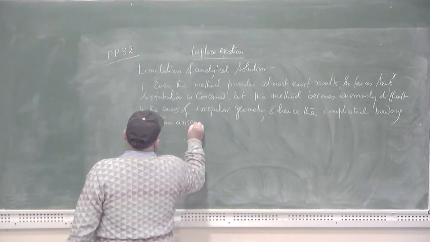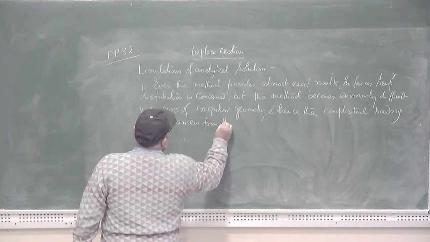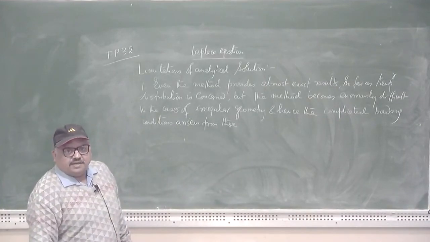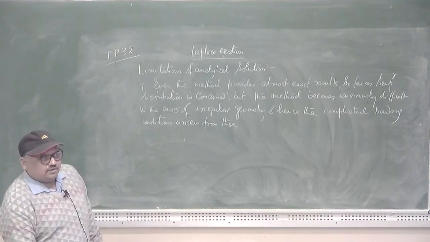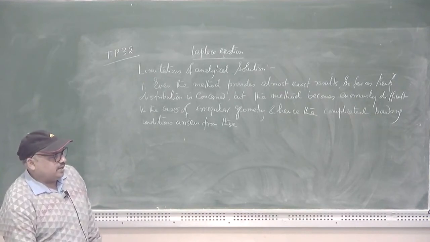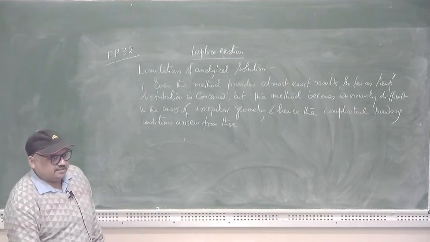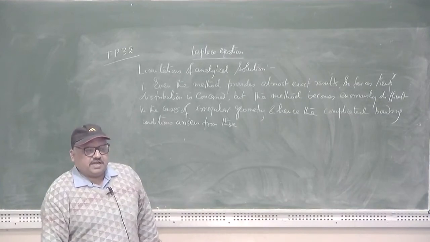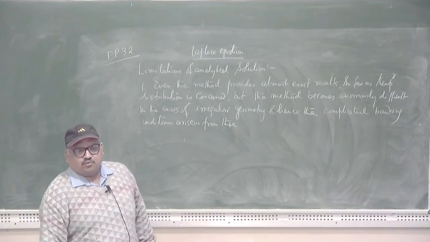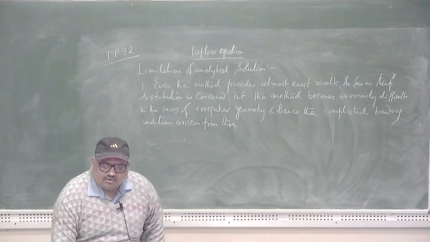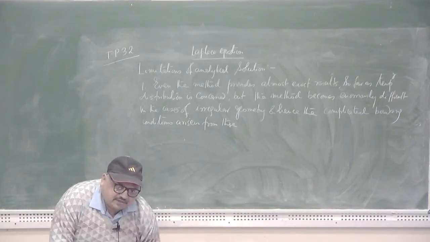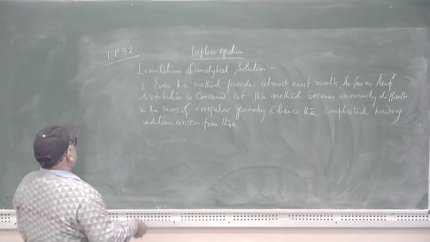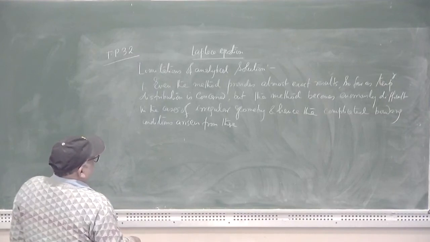Under these circumstances, when an irregular geometry is there, it is very difficult to conduct the analytical solution, because the nature of the boundary condition is so confusing as well as complex that you can never arrive at an exact solution of the Laplace equation. So, in the case of irregular geometry, basically this method fails.